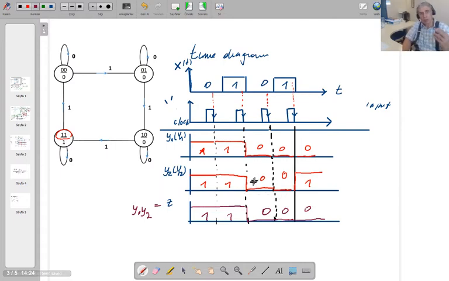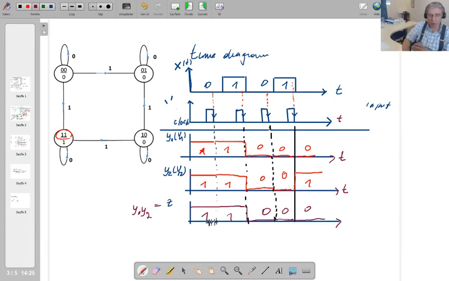Now this diagram is very important. Why is that? As you see, the time is included here. So this is x changing with time, that's clock is changing with time, and this is y1 and y2 values changing with time. Oh, sorry, it should have been time t. These are all independent variable, let's say t.